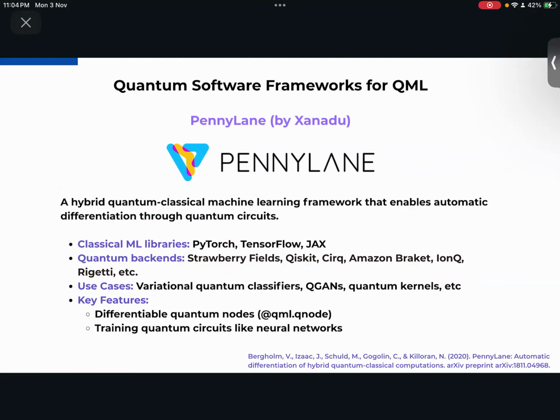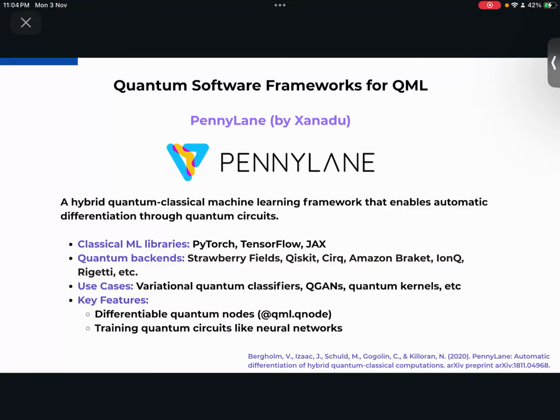So there are several software frameworks that really allow you to do quantum machine learning in a really easy way. There is Qiskit by IBM, and there is also PennyLane, which is the most used for now. And it's also connected to Qiskit, Cirq, Amazon Braket, IonQ, Rigetti, and Strawberry Fields.